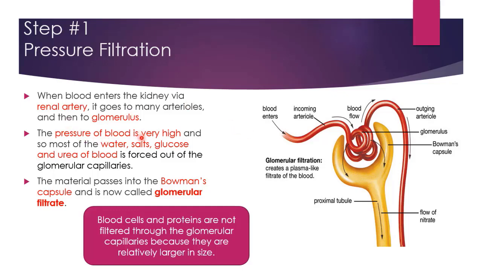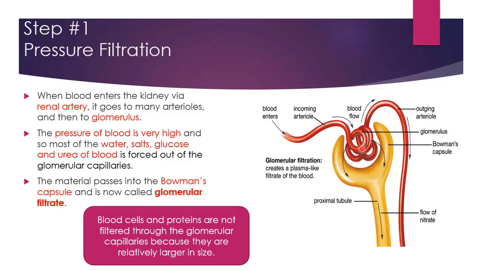The pressure of blood is very high, and so most of the water, salts, glucose and urea of blood is forced out of the glomerular capillaries. Now what happens here, as the blood enters into the glomerulus, there is an increase in the pressure of blood. And due to this increased blood pressure, water, salt, glucose or urea that is present in the blood is forced out or expelled out of the glomerular capillaries.